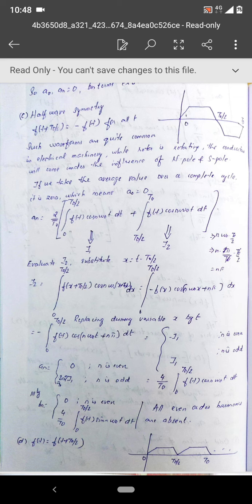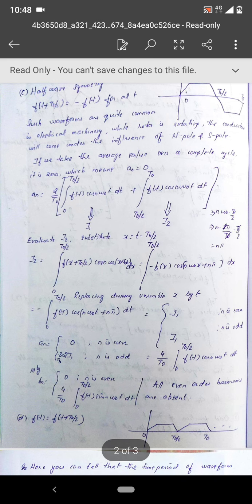That is, I1 from 0 to t naught by 2, and the other, I2, from t naught by 2 to t naught. Okay, so here I make a substitution, similarly x is equal to t minus t naught by 2.